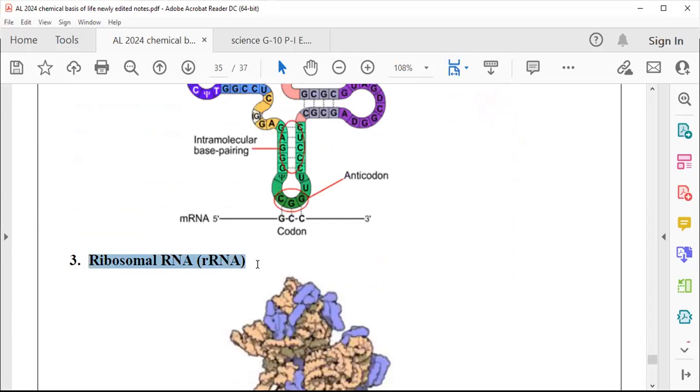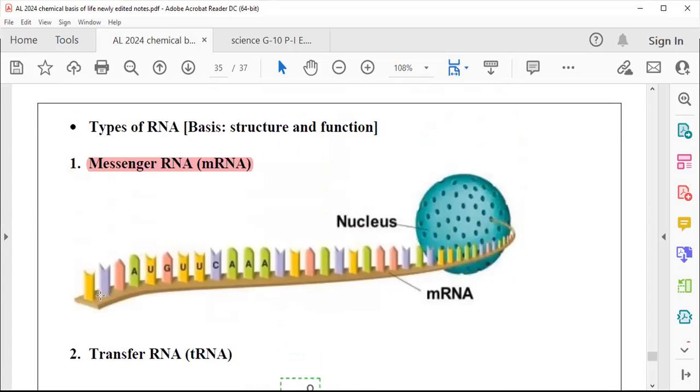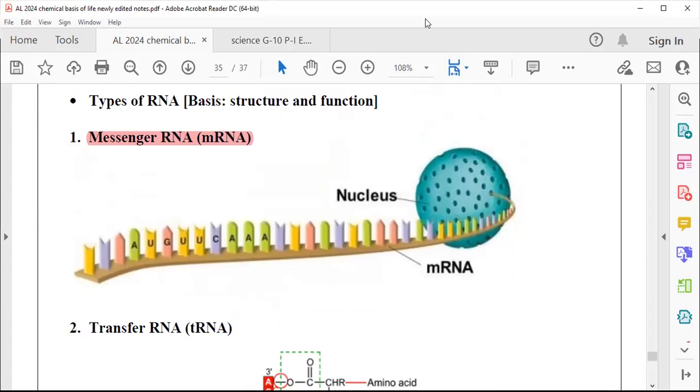Third one, ribosomal RNA, rRNA. Remember, in mRNA, no base pairing will be there. It's a linear structure. One base and another base are not coming face to face. Clear? Clear, sir. Mark it down.